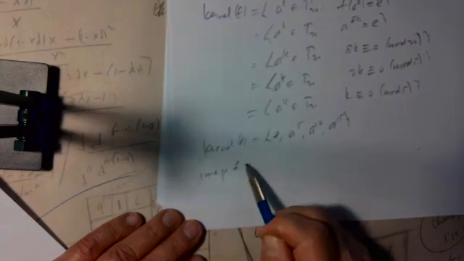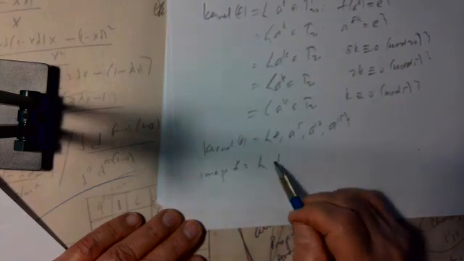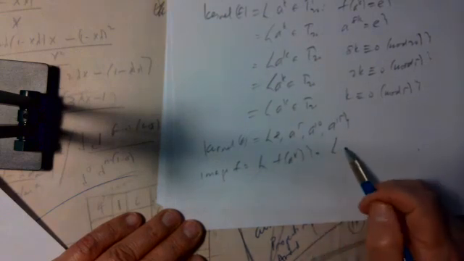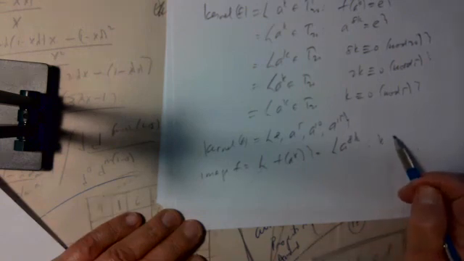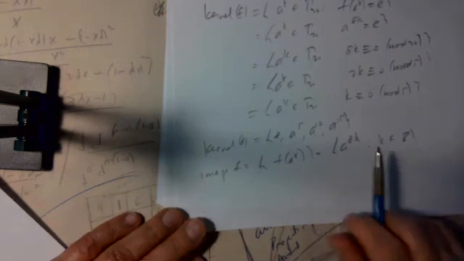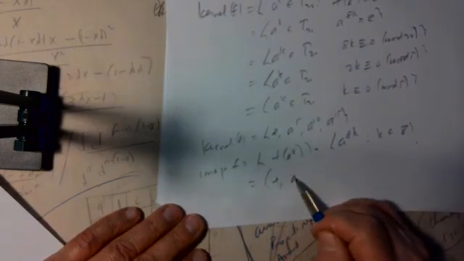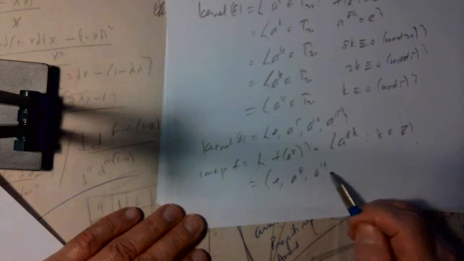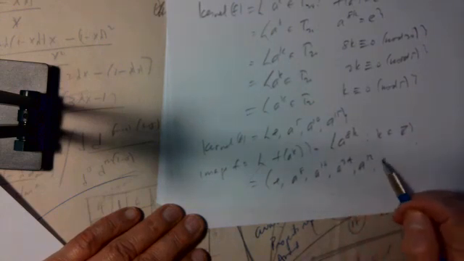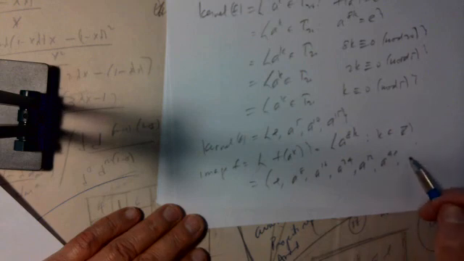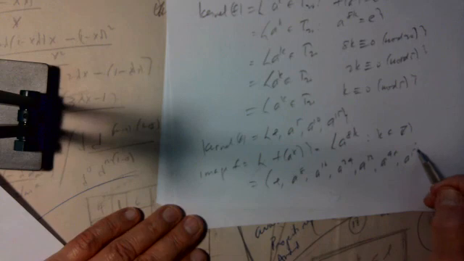And the image of f, it's everything in the form f of a to the k. That's everything in the form a to the 8k. K runs through the integers. You get a to the 0, a to the 8, a to the 16, a to the 24, a to the 32, a to the 40, and so on. It's just the multiples of 8.